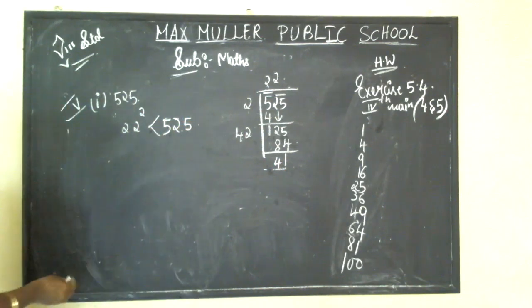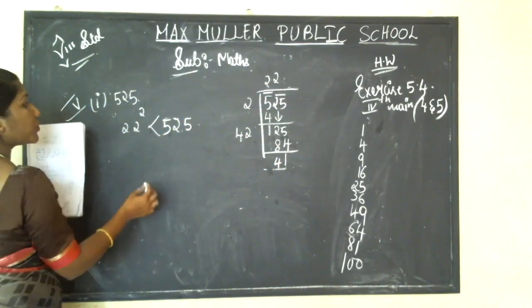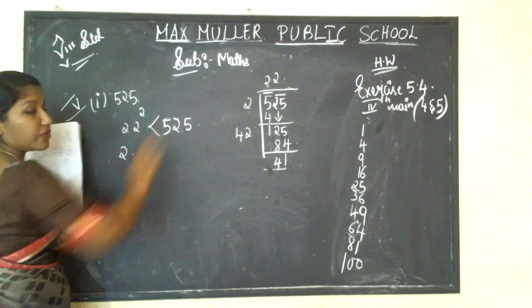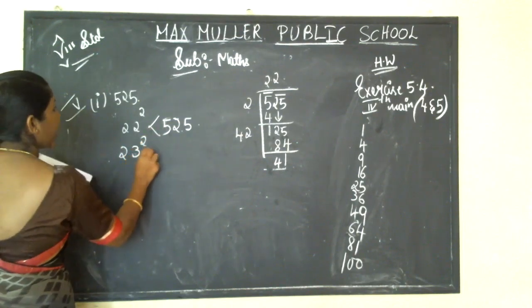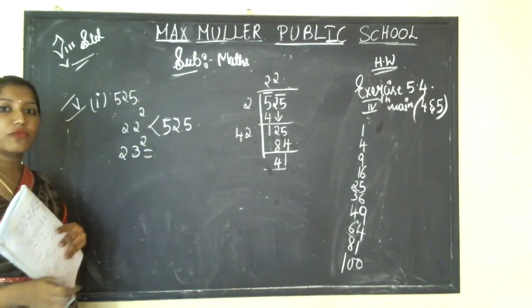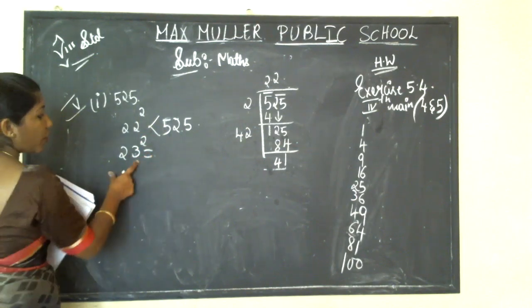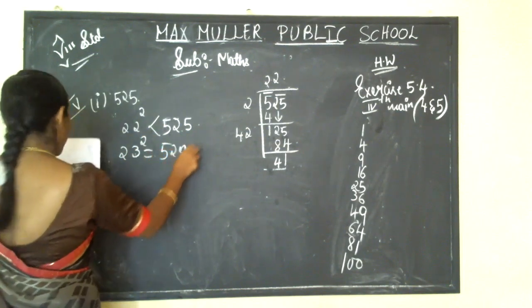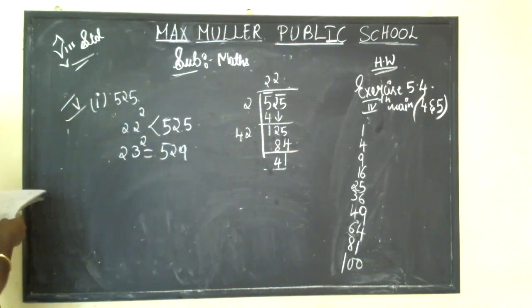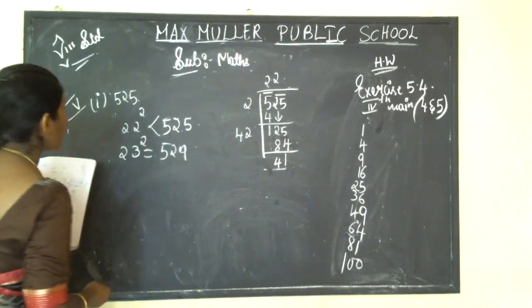So the next perfect square number you have to find is after 22, that is 23 square. You know what the square of 23 is? It is 529.